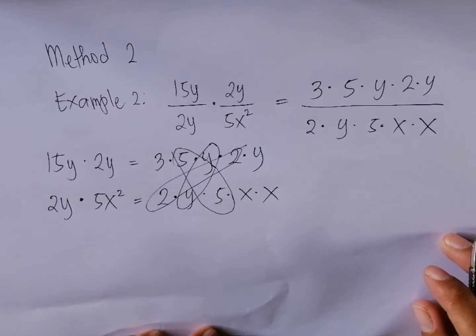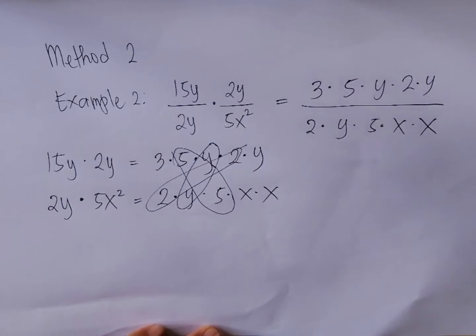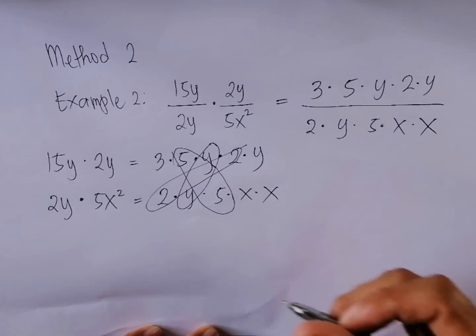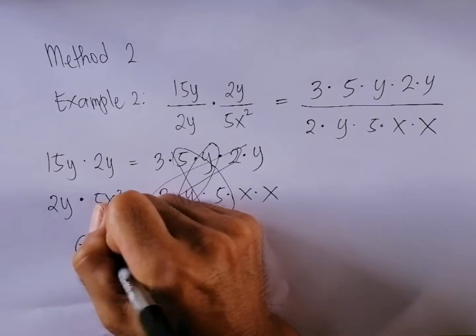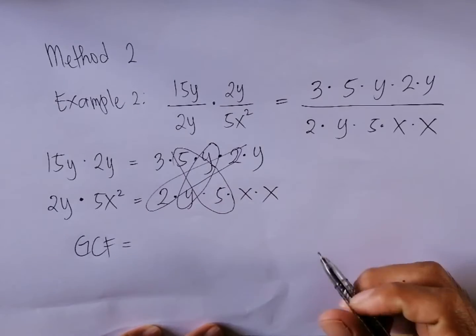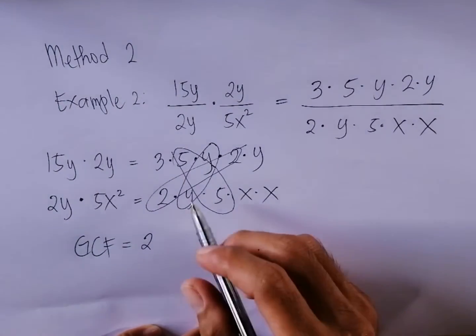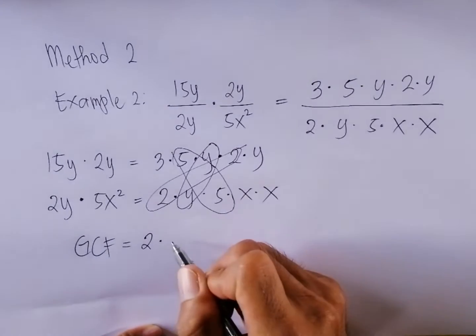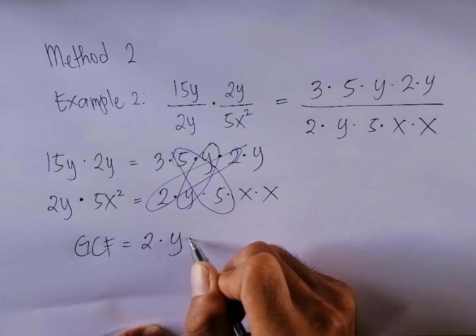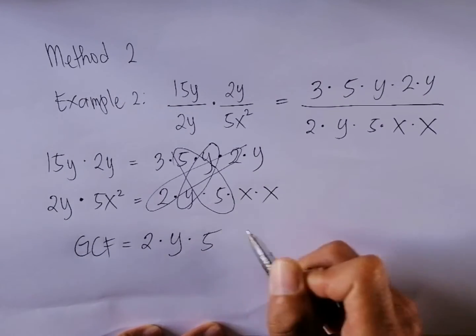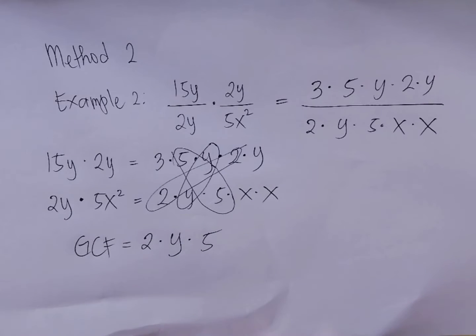So again, the GCF, or the greatest common factor, is equal to 2 times y times 5.